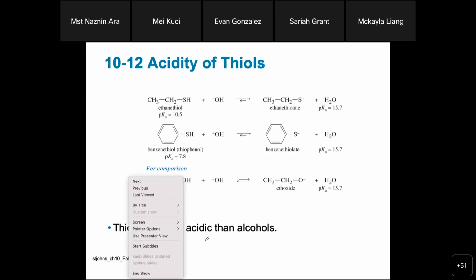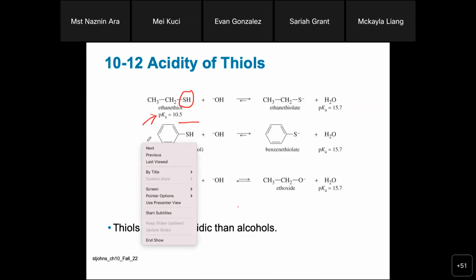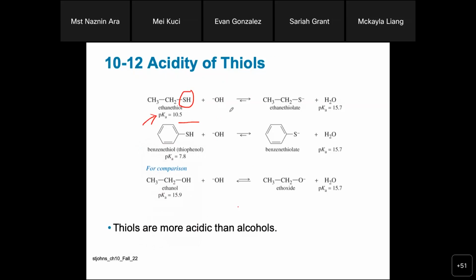Thiols are more acidic than alcohols. Why? Let's see the pKa values. This is called the thiol. If you look at the ethanol pKa value and the thiol pKa value, you can understand why. Here we have the phenyl, and they can react with the alcohol.